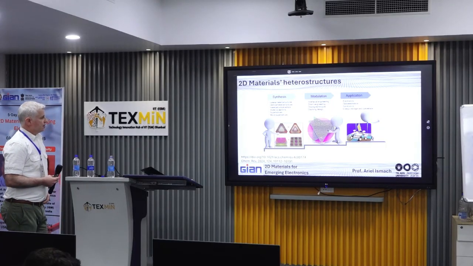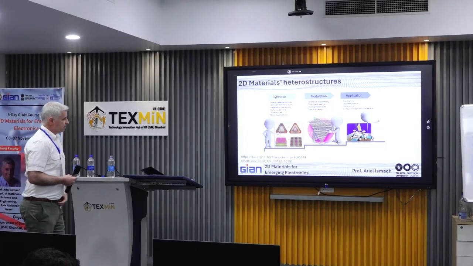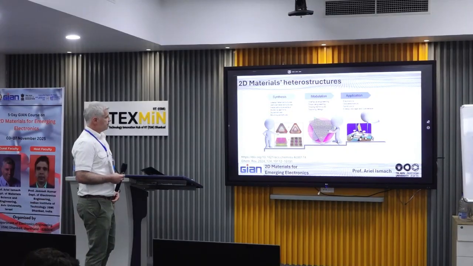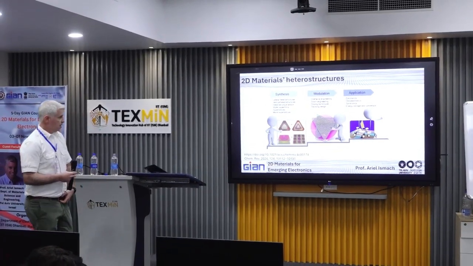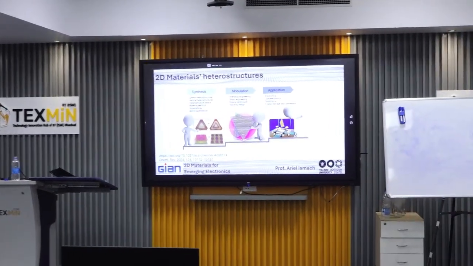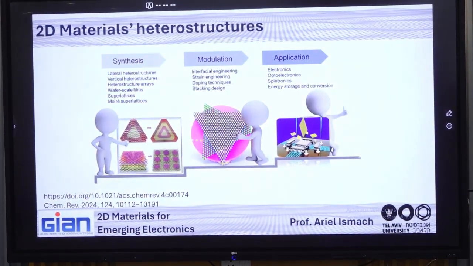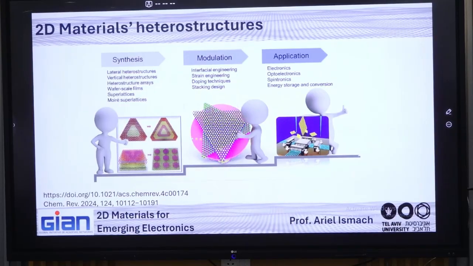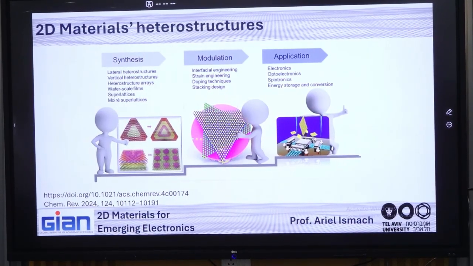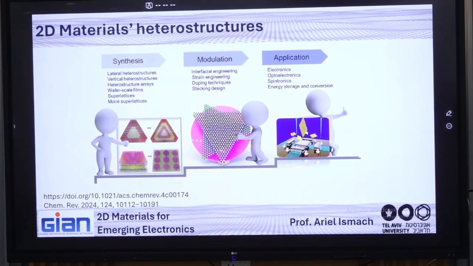So basically, we first need to produce these materials, these superlattices, these heterostructures. You may use two materials or more. You may use one repetition of several cycles.